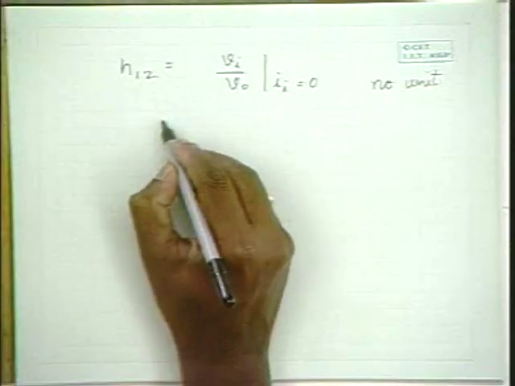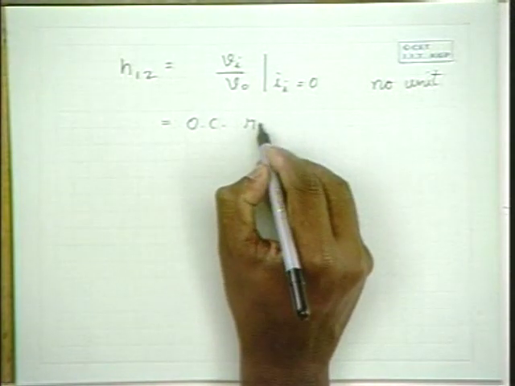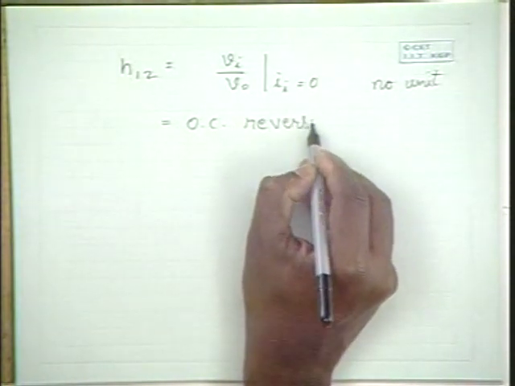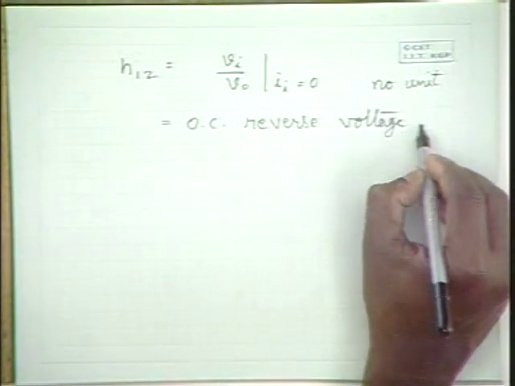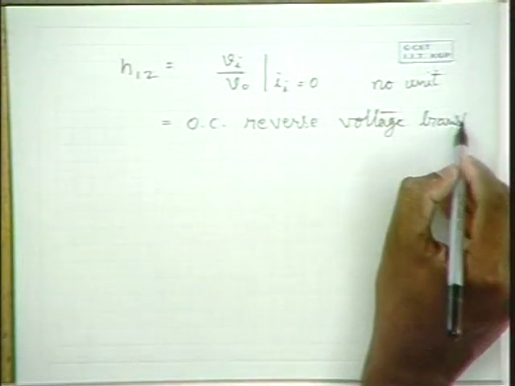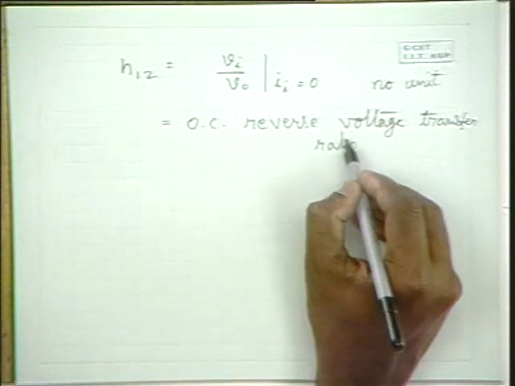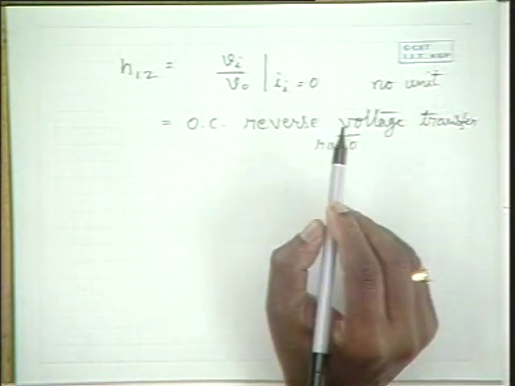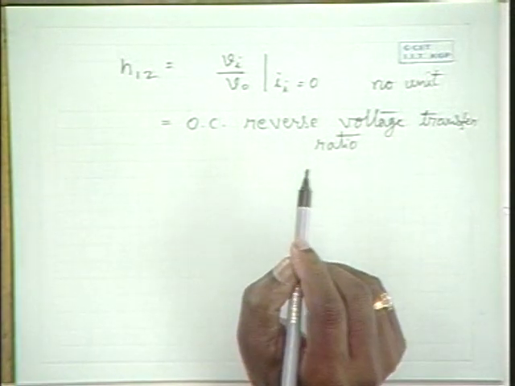So it is known as the open circuit reverse voltage transfer ratio. It's a transfer ratio because it is a ratio between the input quantity and output quantity. It's known as H12.